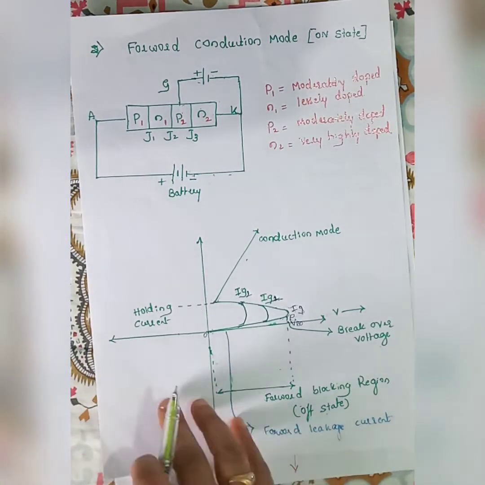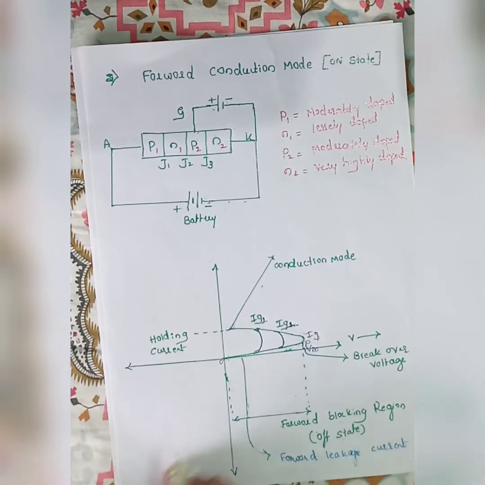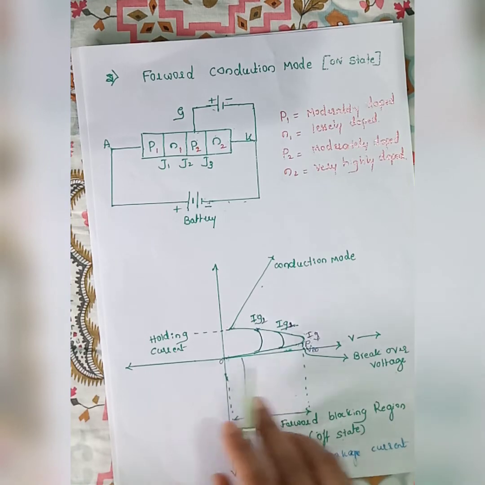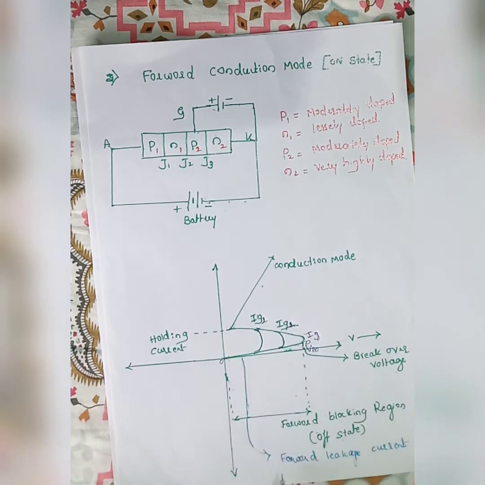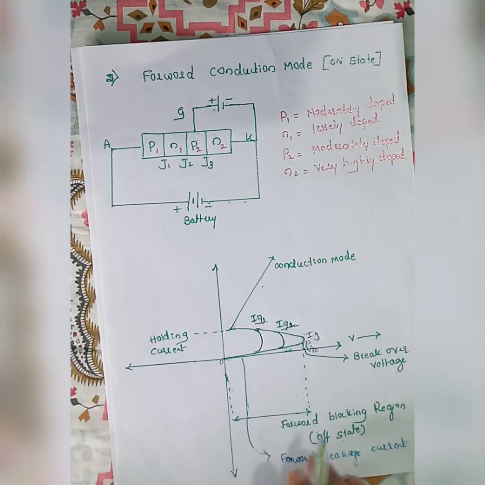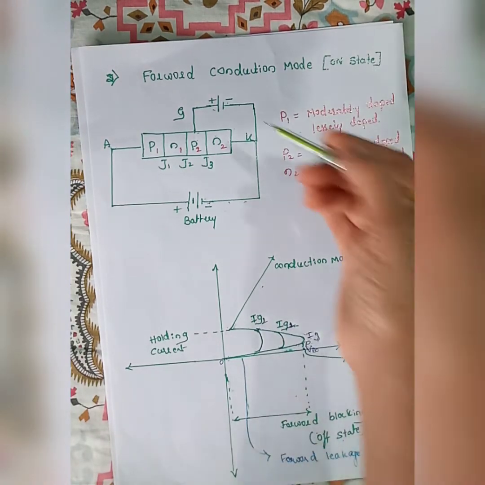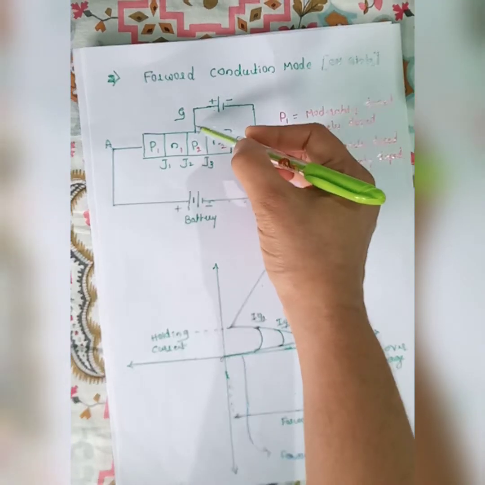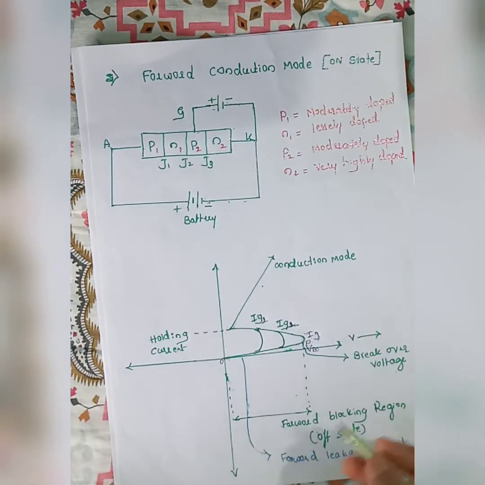And from the voltage-current characteristics, we can see that from 0 to P it is a forward blocking region, or an off state, but a leakage current flows through the SCR due to the minority carriers. When the gate current IG is passed through the SCR, what happens?